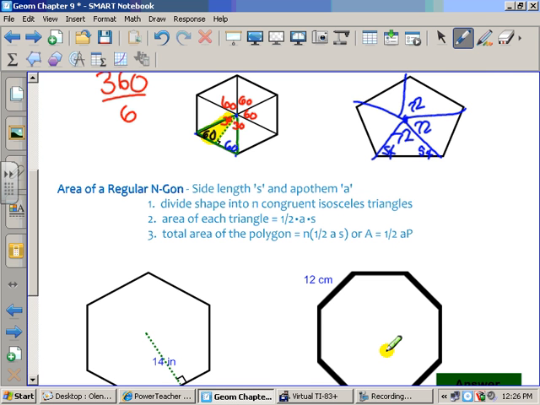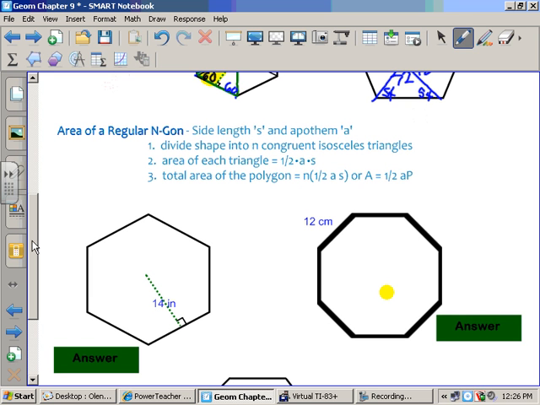So instead of saying n times 1/2 times a times s, all they said was it's 1/2 times the apothem times the perimeter. And that's how they get that formula. And sometimes that's easier. Sometimes it's just easier to use that formula. Okay? So I want you to know both ways to do it so that you can do it either way depending on what information you have.